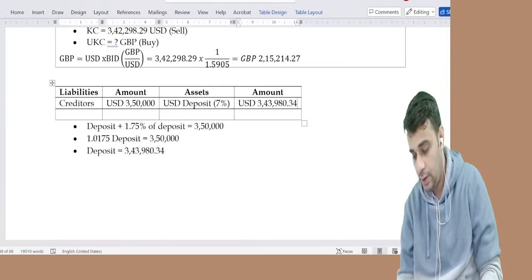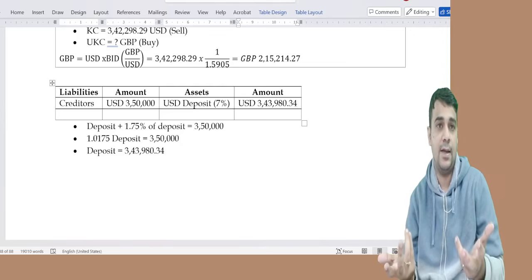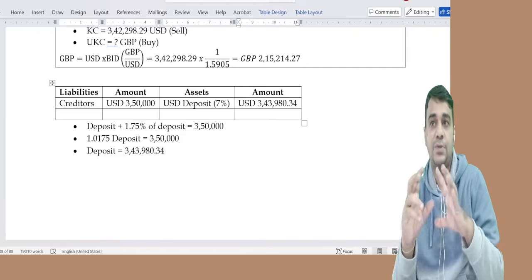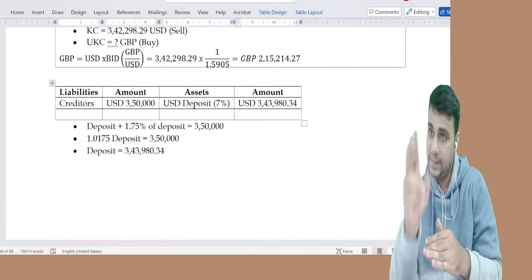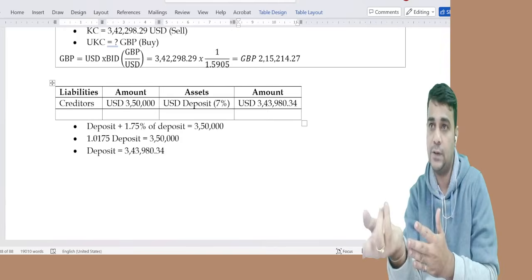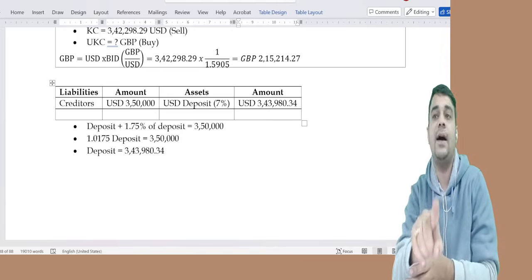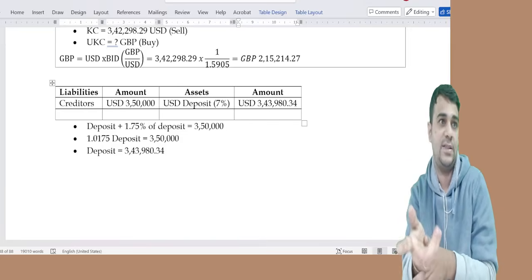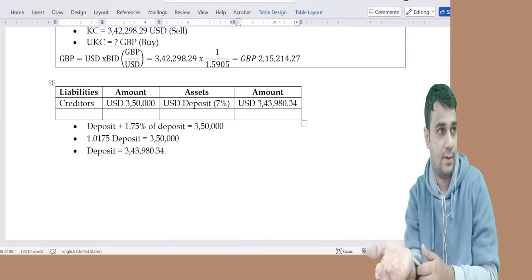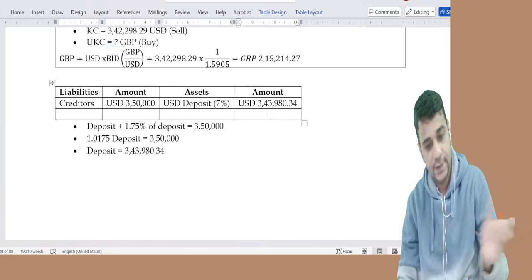Now the deposit can't be just created like that. Stepwise, creditor is first, second is loan, third is deposit. But in writing, creditor is first, second you have to take the loan. Loan obviously first, deposit later. So we have calculated the amount this side.